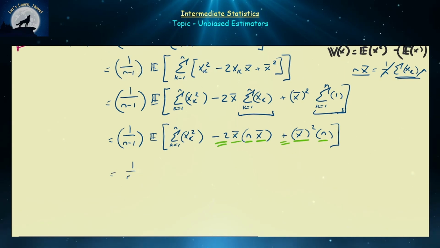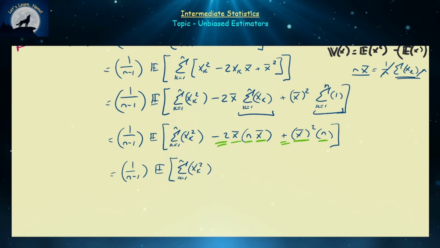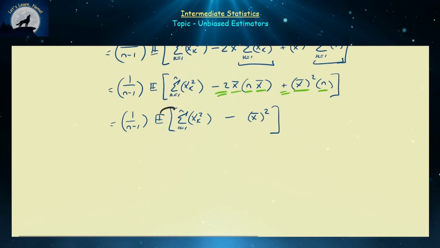All right, so we're going to have 1 over n minus 1 times the expectation of the sum from k equal to 1 to n of xk squared minus n x bar squared. Not minus 2, but minus 1. Right. So now I'm going to distribute my expectation, and that's going to give us what?